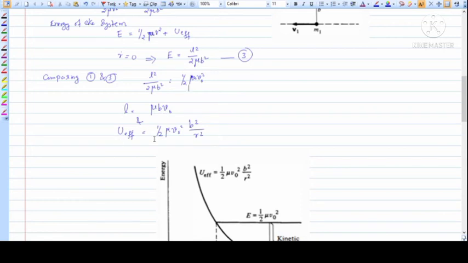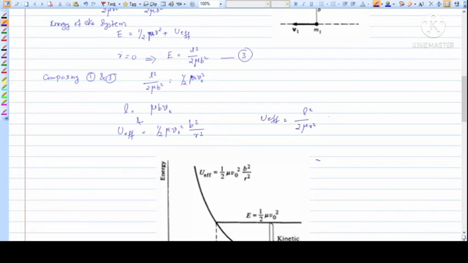And what is the expression for U effective? U effective is L square by 2 mu R square. So substitute mu B V0 for L, we know that U effective is equal to L square by 2 mu R square.